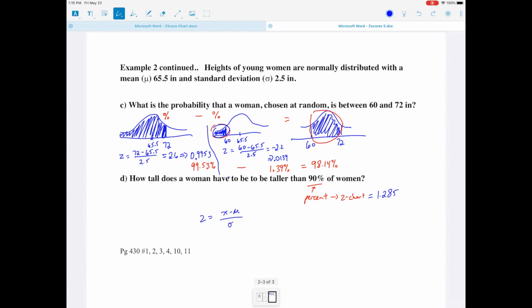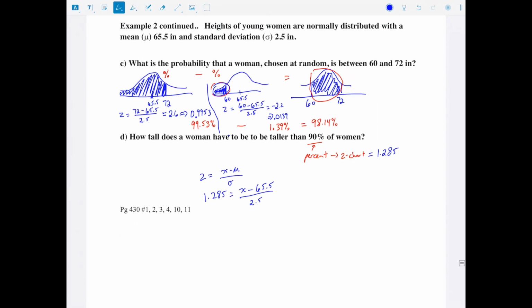So we have z equals 1.285. We don't know x, but we do know the average woman is 65.5 inches tall and the standard deviation is 2.5. So we multiply both sides by 2.5. So by multiplying across, we get 3.2125 is equal to x minus 65.5.